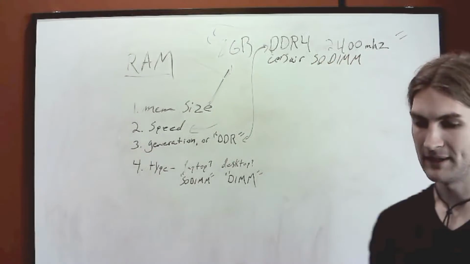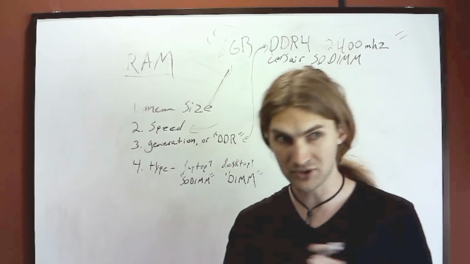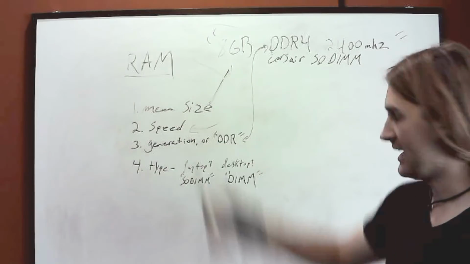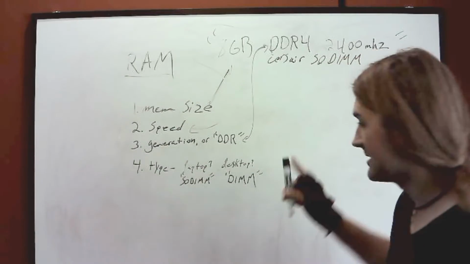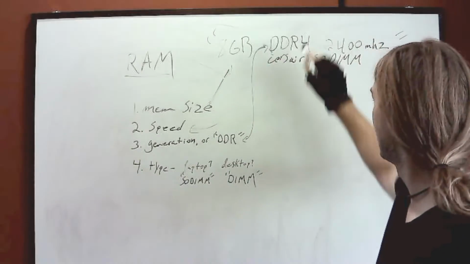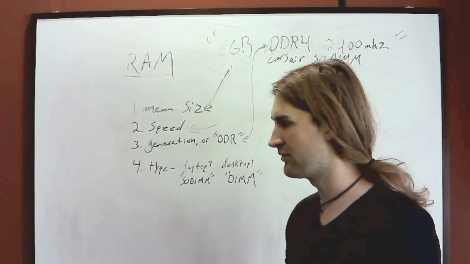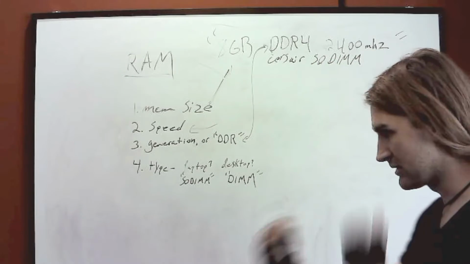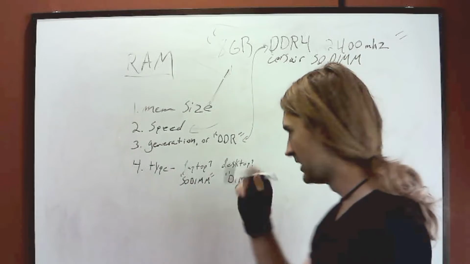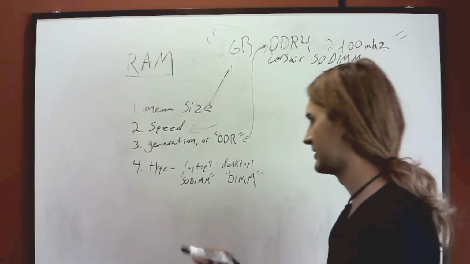When I say very few, I really mean very, very few. Virtually all applications are not bottlenecked at your RAM speed. The standard spec speed for RAM, which is enabled by default, is 2400 megahertz or 2.4 gigahertz, which is the refresh speed of your RAM, how fast you can get stuff out of RAM. So you can pretty much safely ignore speed, right? You're not gonna mess with that.